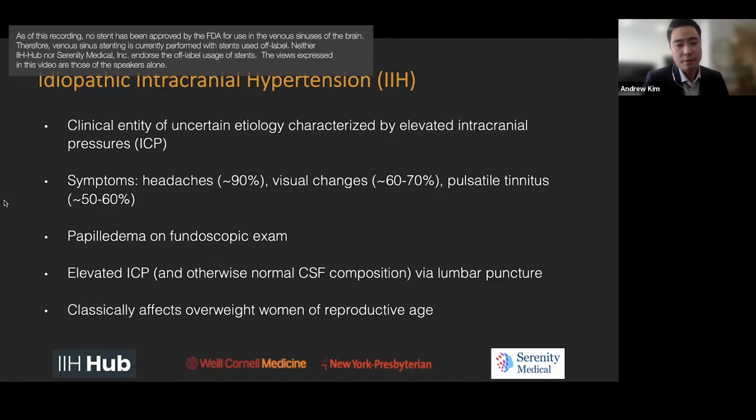These patients very commonly present with headaches, the vast majority of them, around 90%, visual changes, which can occur in more than half of patients, 60 to 70%, and pulsatile tinnitus, which can occur in up to half, maybe even slightly more than half, in 50 to 60% of patients. A lot of these patients can demonstrate papilledema on fundoscopic exam, usually done by an ophthalmologist. And IIH classically affects overweight women of reproductive age.